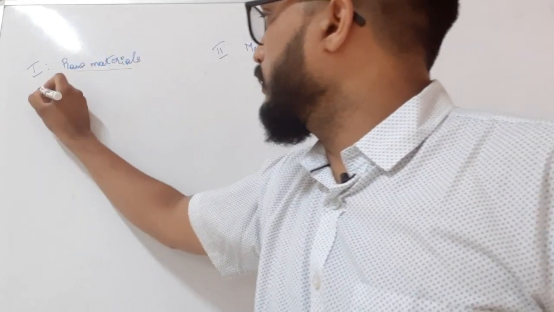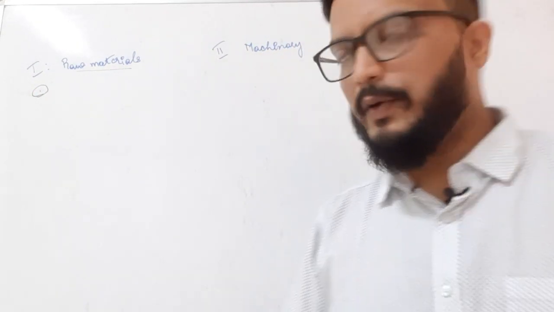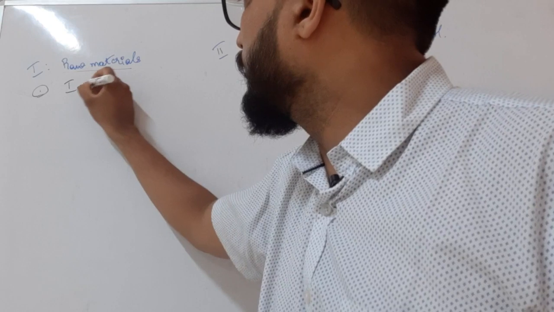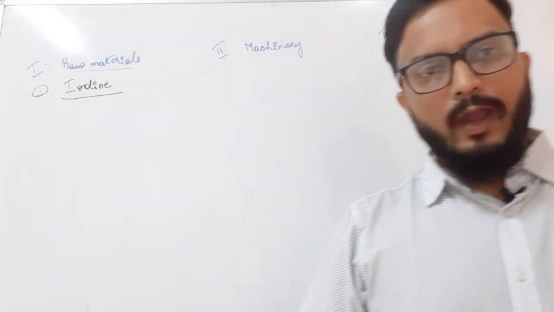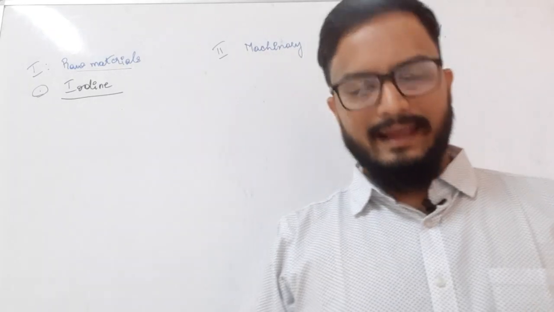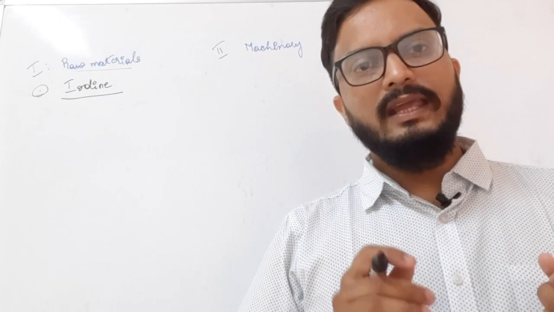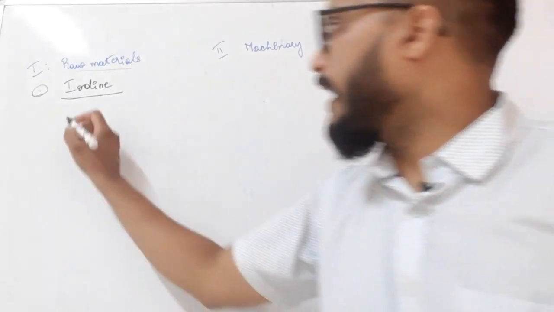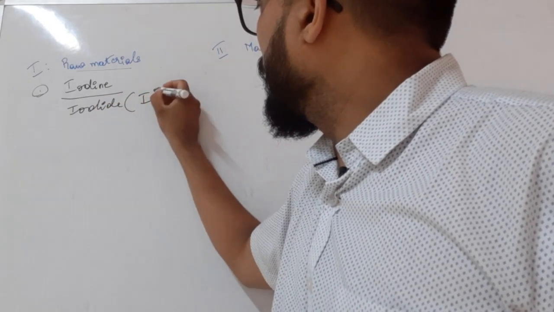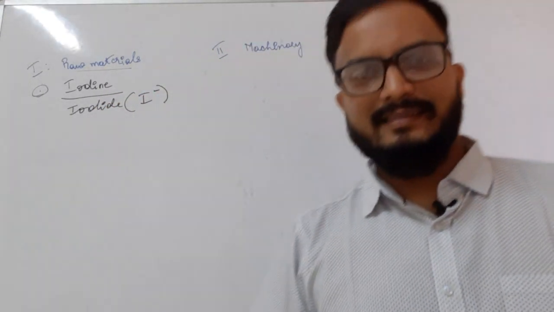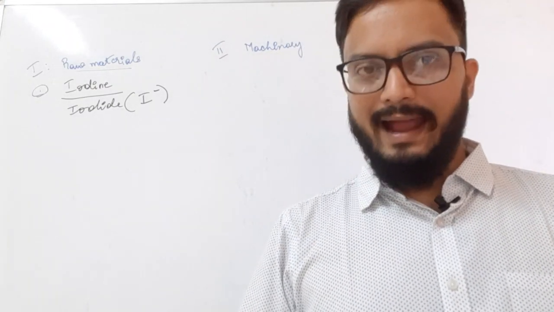The most important raw material required for the production of the thyroid hormone is iodine. The iodine present in the diet is absorbed from the gastrointestinal tract as iodide, and it is transported in the plasma and taken up by the thyroid gland.